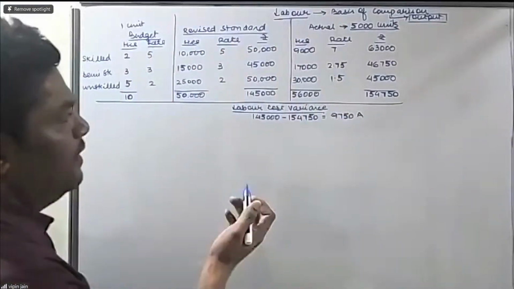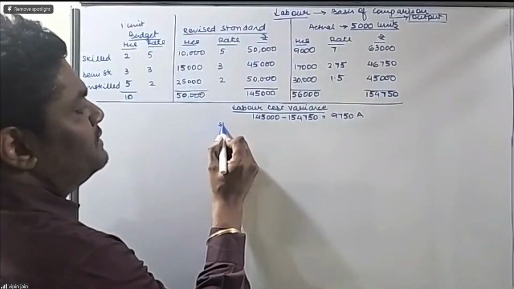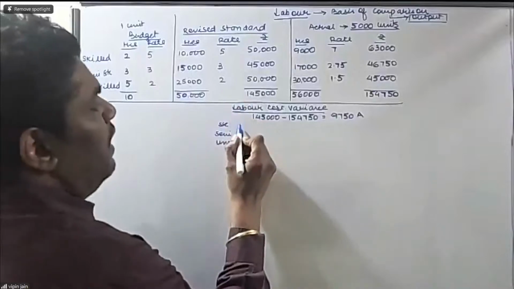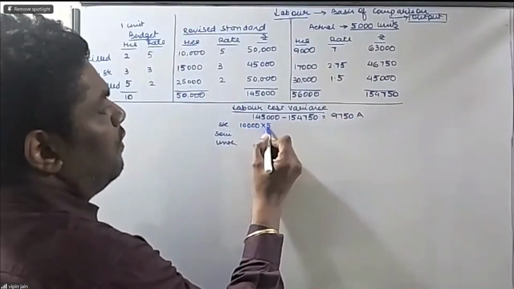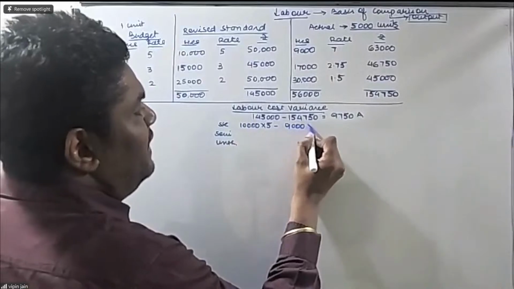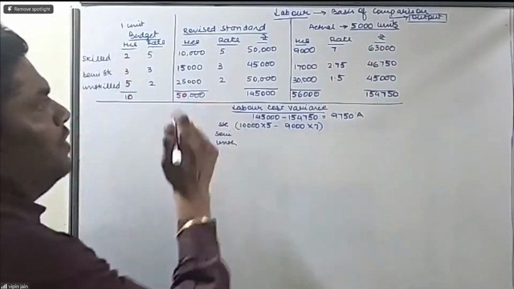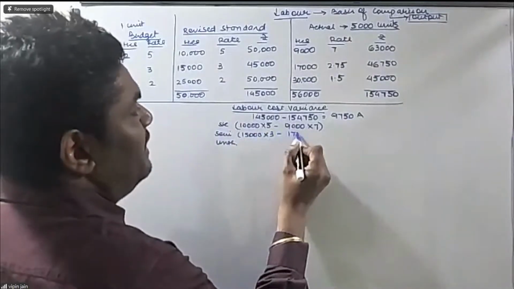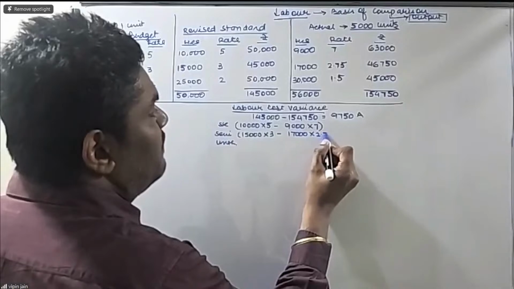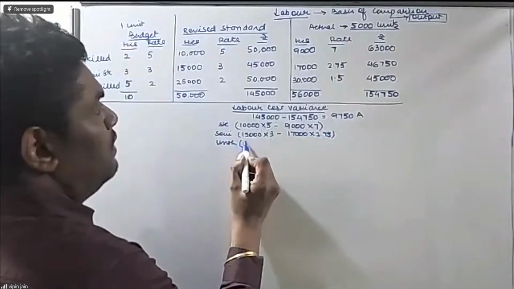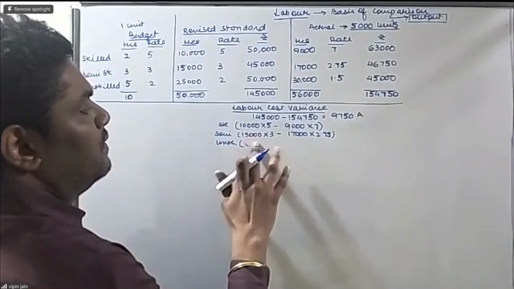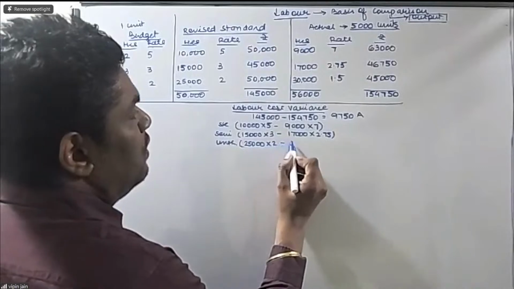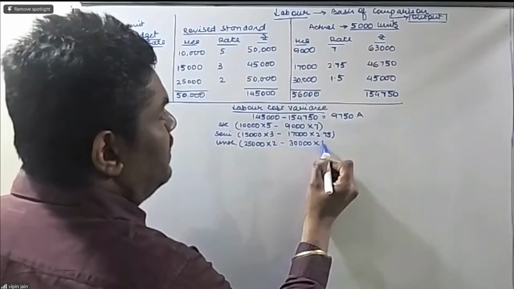Very good, everyone. So alternatively, we can also calculate that skilled, semi-skilled and unskilled: 10,000 hours at the rate 5 minus 9,000 hours at the rate 7. For semi-skilled, 15,000 at the rate 3 minus 17,000 at the rate 2.75. Third, 25,000 at the rate 2, 30,000 at the rate 1.5.